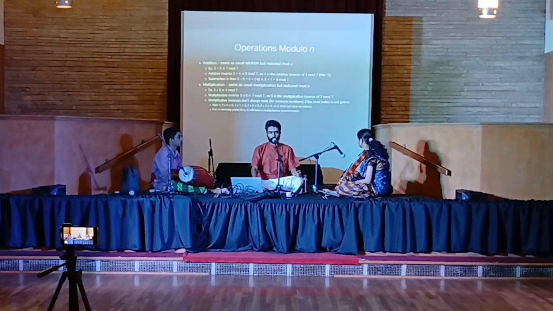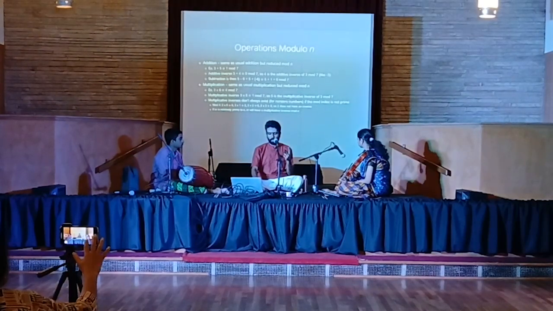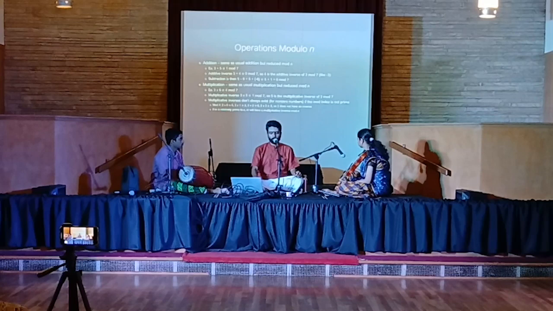An interesting thing though is that multiplicative inverses will not always exist. You can divide by any number other than 0 normally. But when you're working in a modular arithmetic system, depending on what the mod index is, you might not always be able to do that. So for example, let's say I'm working mod 4.